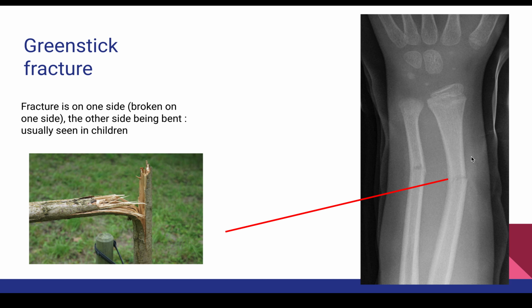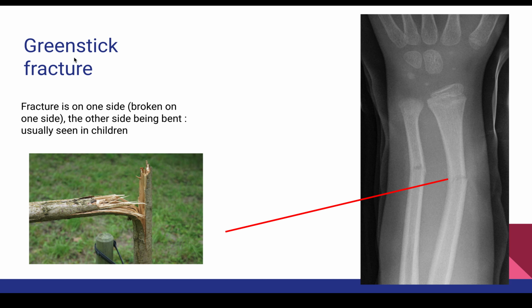But in a Greenstick fracture, one side is fractured and the other one is the one that is bending. Okay, and it's often seen in children because children have more flexible bones. They don't have complete growth yet, and the epiphyseal plate is still developing.